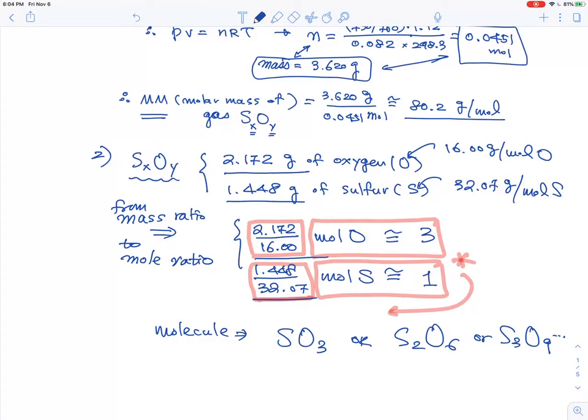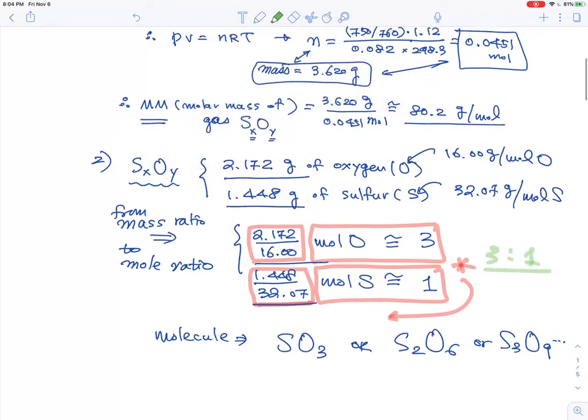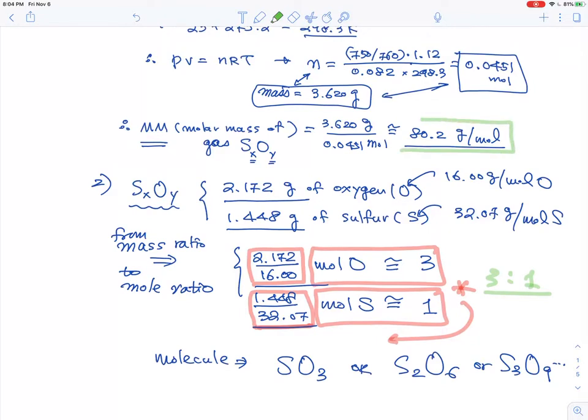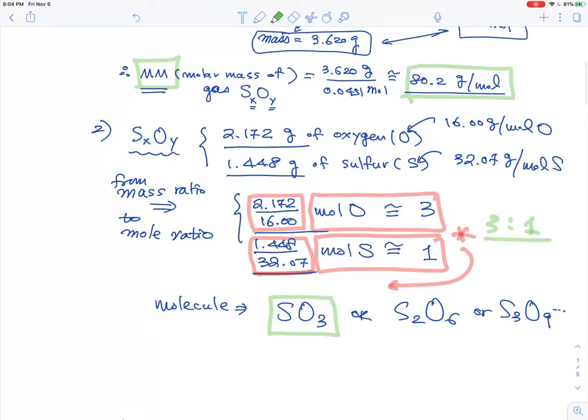Now I'm going to put these two puzzles together. The first puzzle is the 3 to 1 ratio, and the second is the total molar mass of this gas. The molar mass of SO3, as you can calculate, is 32 plus 3 times 16, which is about 80.